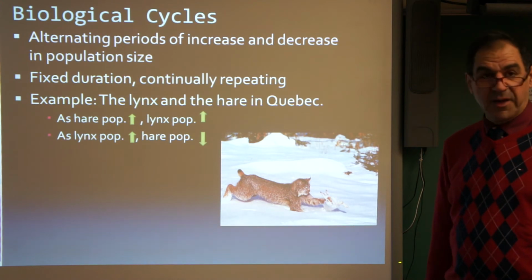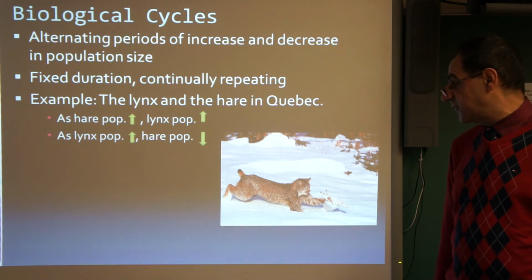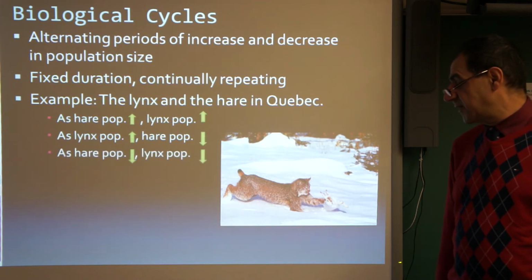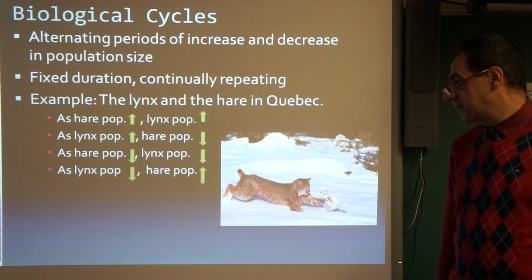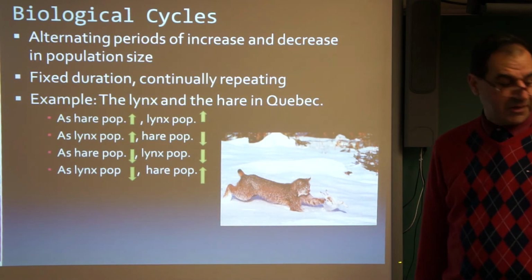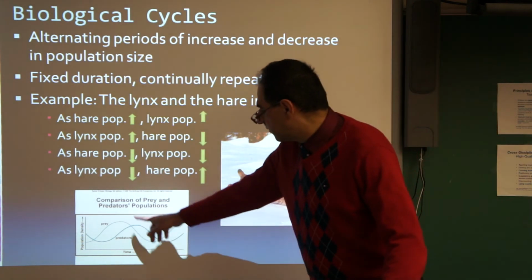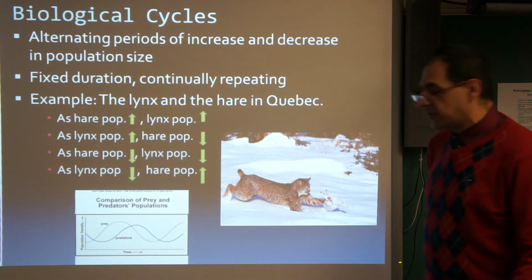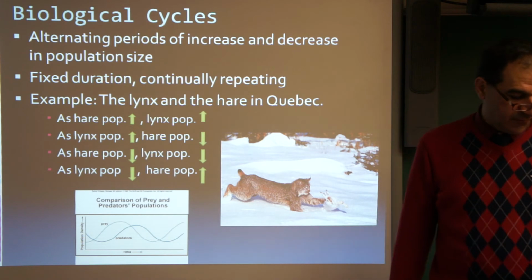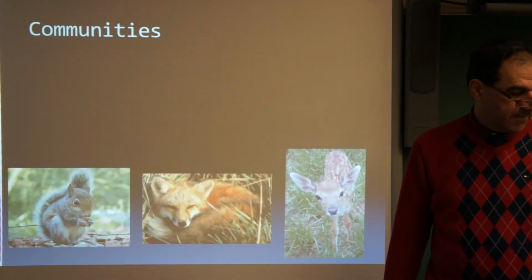And then as the lynx population increases, the hare population decreases. And as the hare population decreases, then the lynx population decreases. And finally, as the lynx population decreases, then the hare population increases. And you can see this cycle emerge between prey and predator, which repeats itself, and that's called a biological cycle.